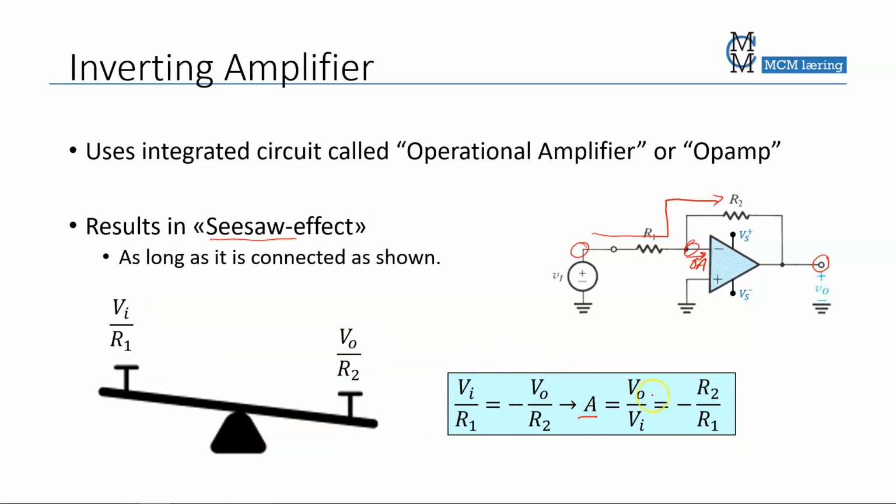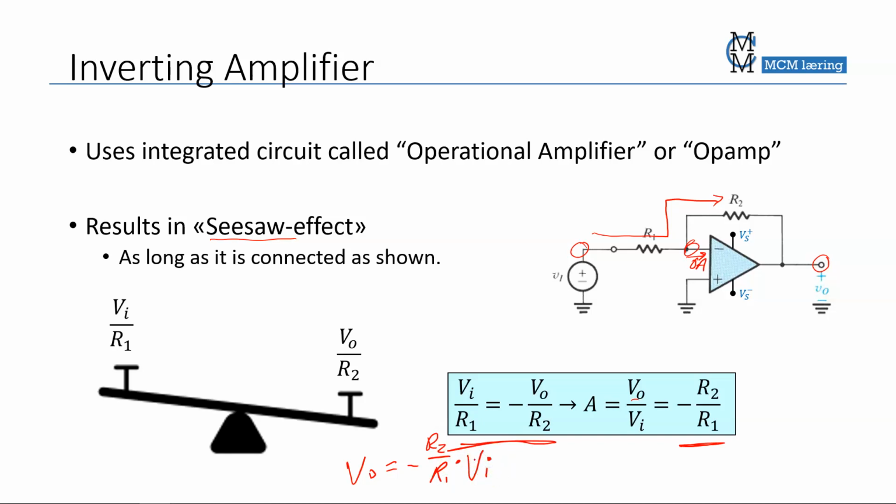The amplification is V out over V in, and we can rearrange the first part of the equation here to get V out over V in, and we will get this. So the amplification is minus R2 over R1, or if you like, V out equals minus R2 over R1 multiplied by V in.